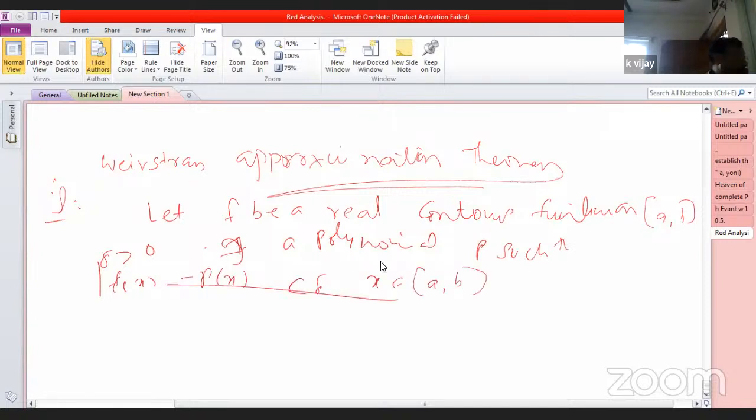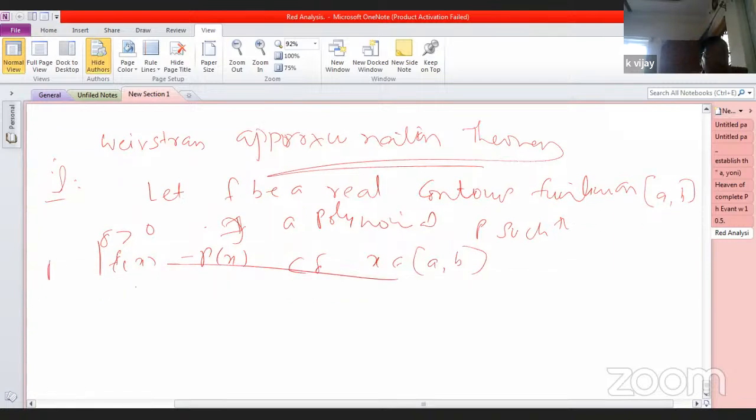This is the statement you have to write, then again write the proof. Suppose a is equal to b, p is the constant polynomial f(b). Assume that a is less than b. Here we will define the bijective map. What is the meaning of bijective?